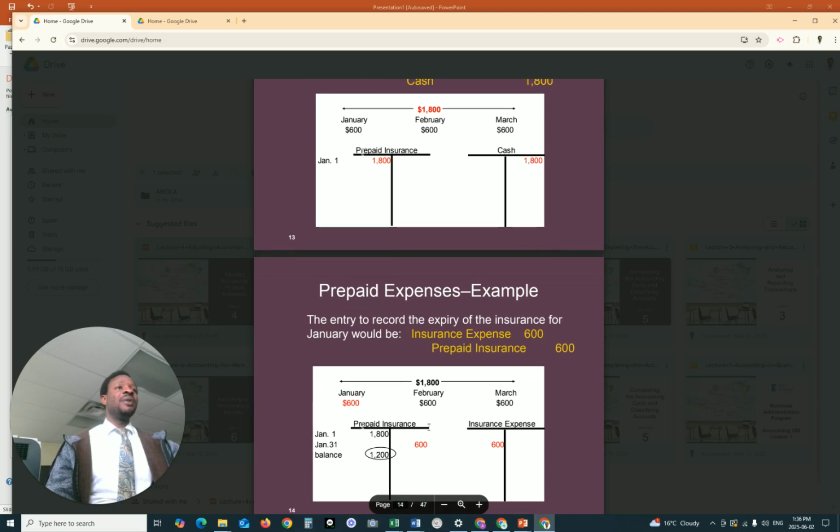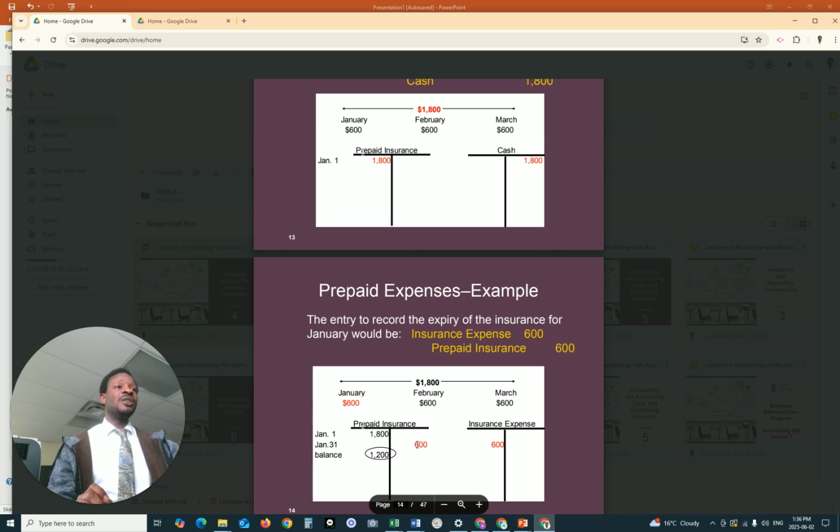So the entry to record the expiry of insurance for January: at the end of January, that's January 31, insurance has been used for 1 month, which is 600. So the insurance expense account is debited, because an expense is a debit entry. Now the prepaid insurance that was on the debit side at 1,800 before is now reducing by that 600 that has been used from it.